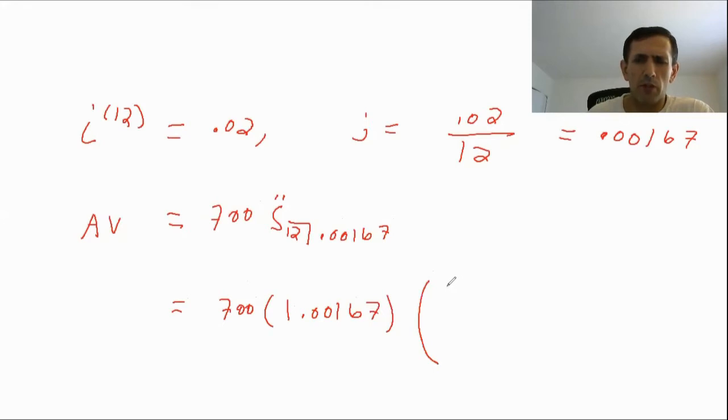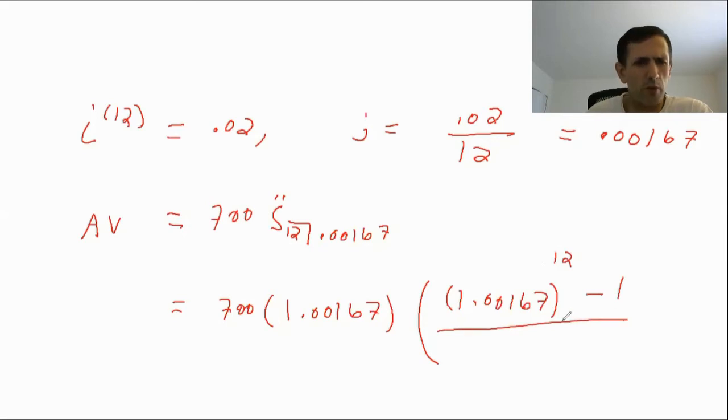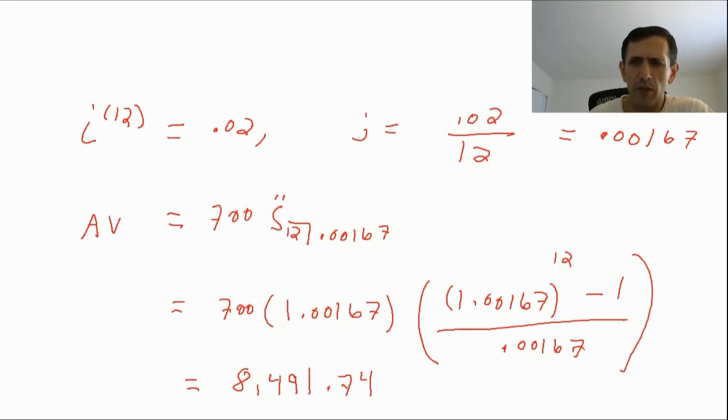It's going to be 1.00167 to the 12 minus 1 over J, 0.00167, and you're going to get 8491 and 74 cents.